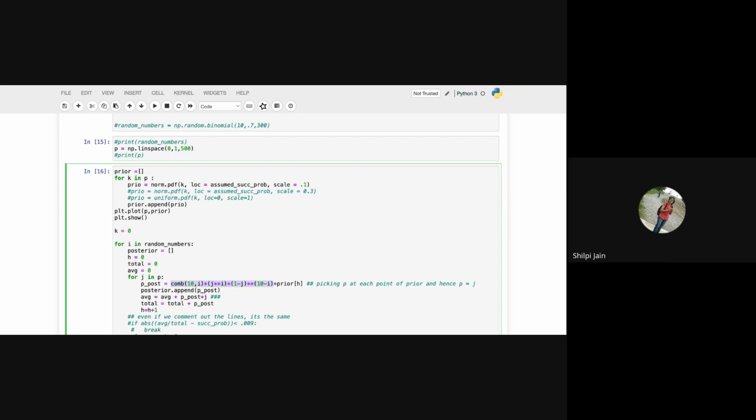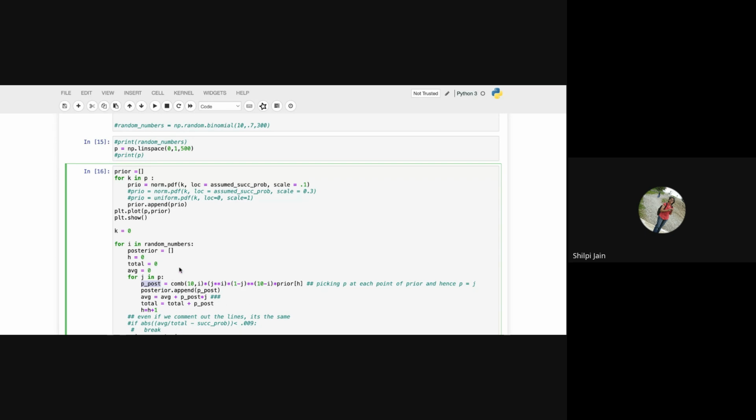Let's say you got 50, and then you apply your prior, whatever your belief was. You get a posterior out of it. Now when you do the next experiment, you see there is a loop, right? That posterior of the previous experiment becomes the prior of the next experiment.